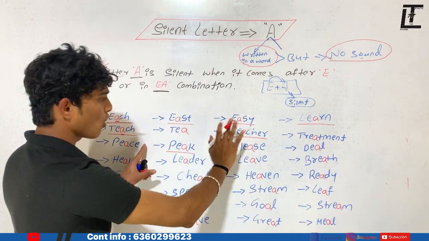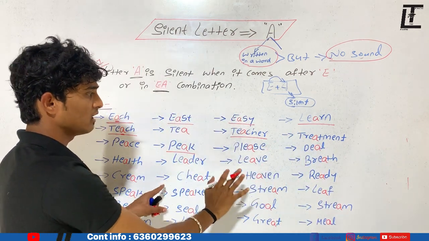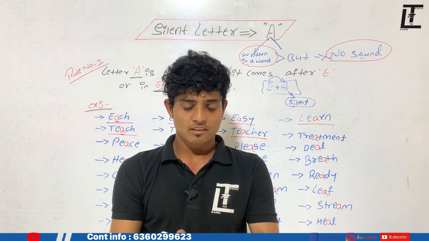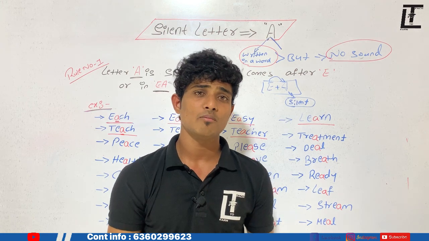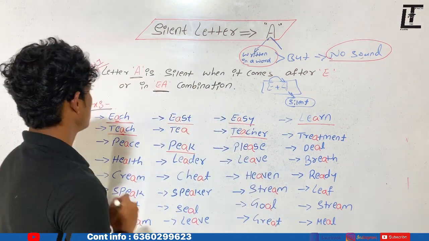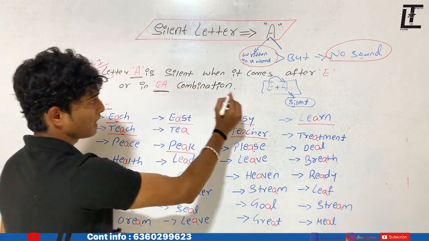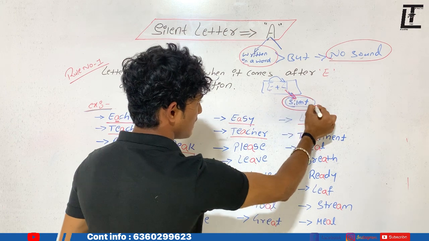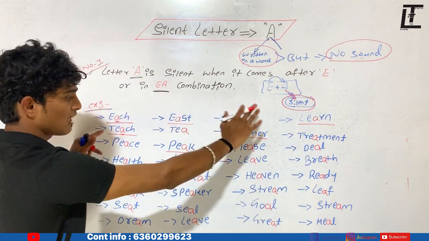See here, all the letters written here are silent letter A, and this letter must be written in a word, but it should not be pronounced. So this is what rule number 1 says. Keep in mind that whenever A comes after E, then A is considered the silent letter. Note down these examples.